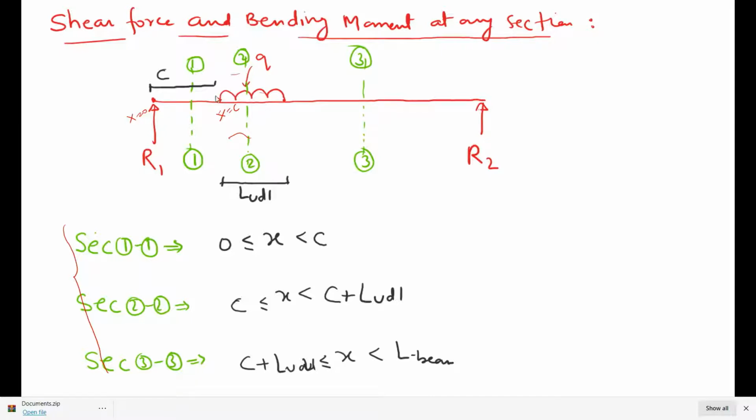So it will start from this length C to this length C plus LUDL. Then the third section starts from C plus LUDL, this distance, to the last point, which is the length of the beam. So these 3 sections have to be chosen.